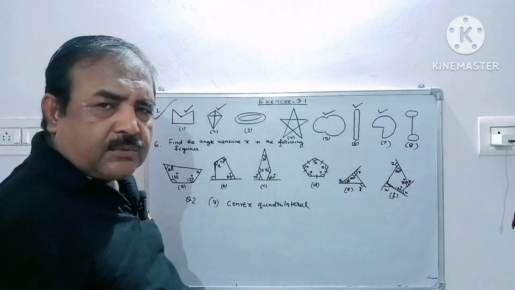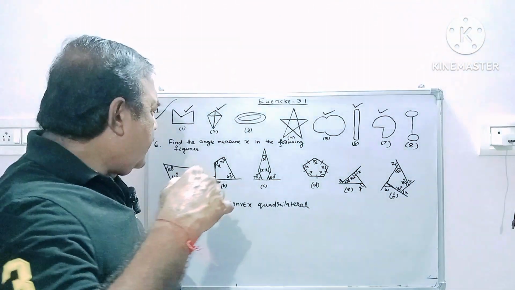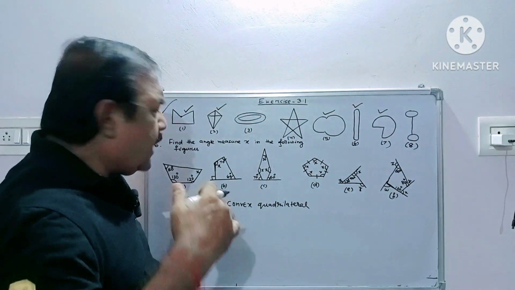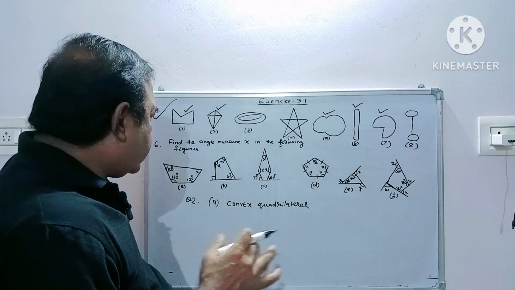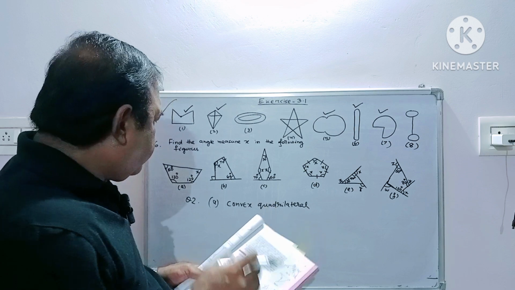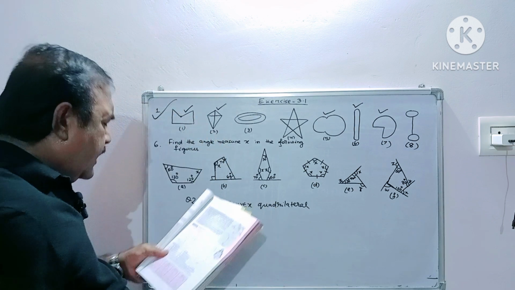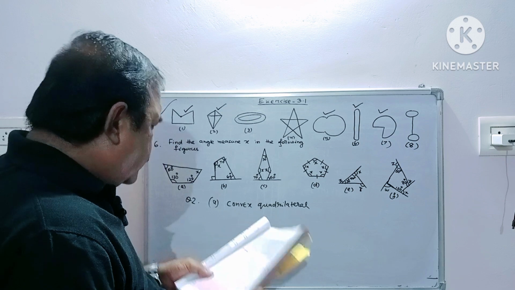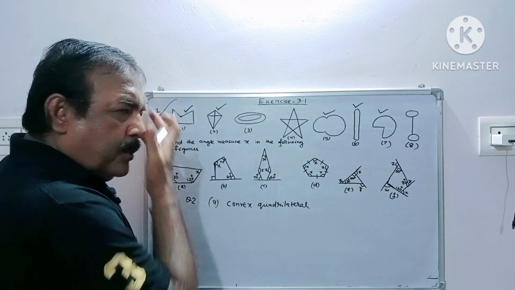It may be a convex quadrilateral or it may be a concave quadrilateral. That doesn't matter. But the diagonals will be 2. How? Now you will put the formula.